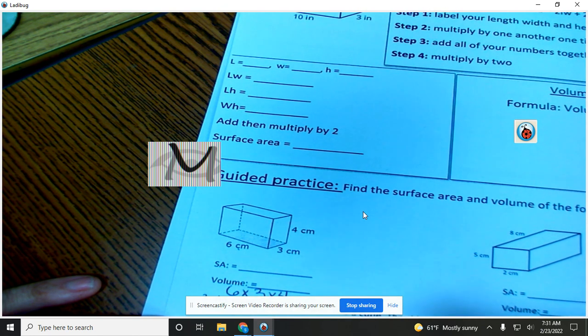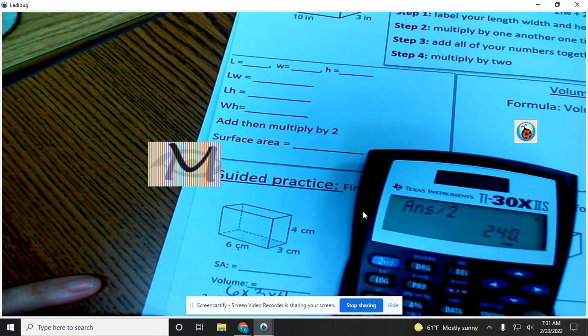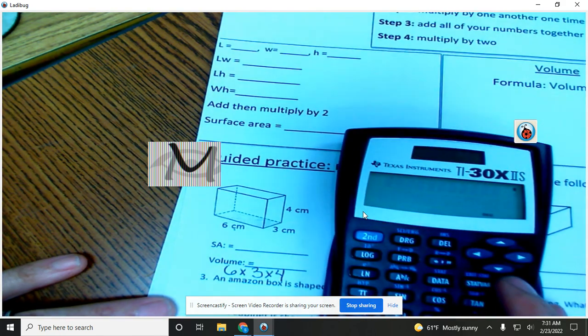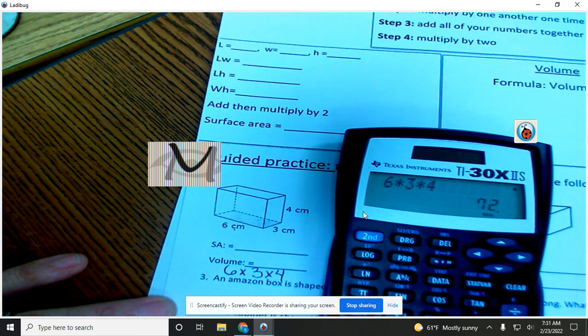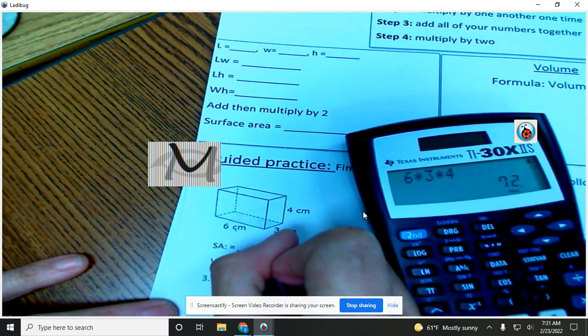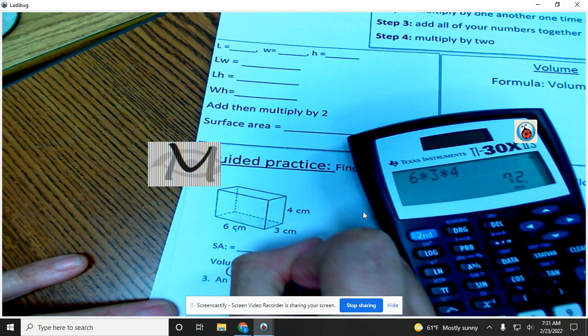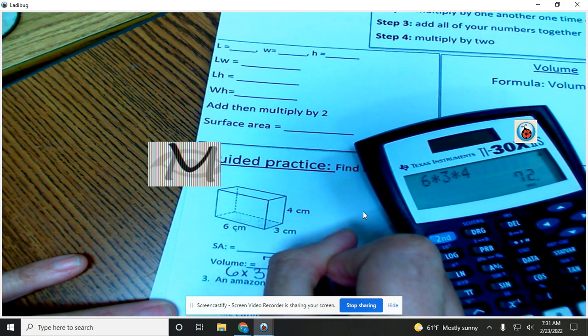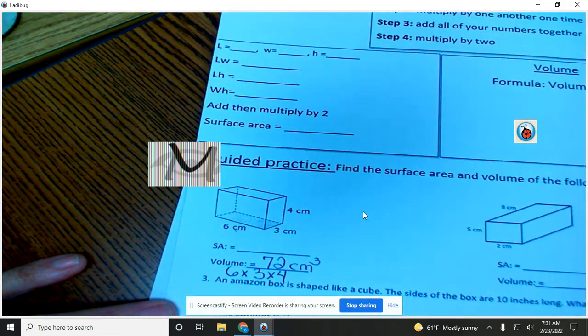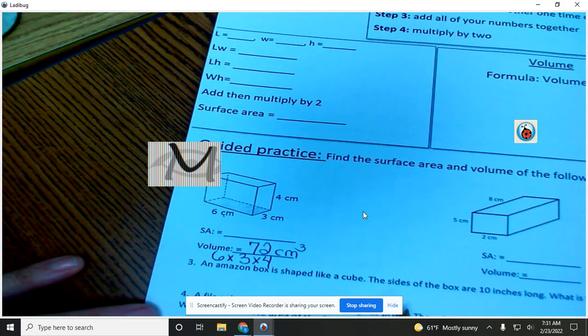And you only divide it by 2 if it's a triangular prism. So if we do that, let's clear that. So 6 times 3 times 4 equals 72 cubic centimeters. And once again, tomorrow, like I said before, we're going to go back to the surface area.